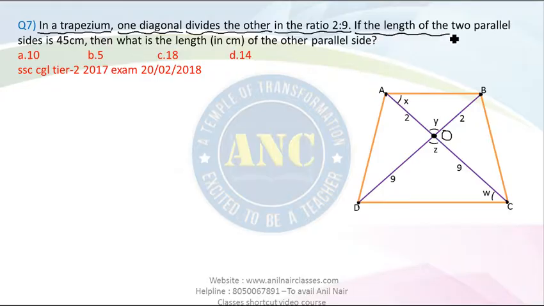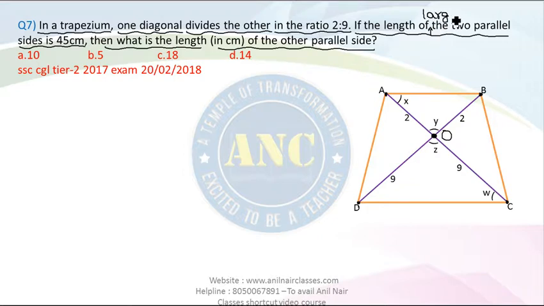If the length of two parallel sides is 45 centimeters, what is the length of the other parallel side? Probably there is some mistake, right, sir? The question should be: if the length of the larger of the two parallel sides.